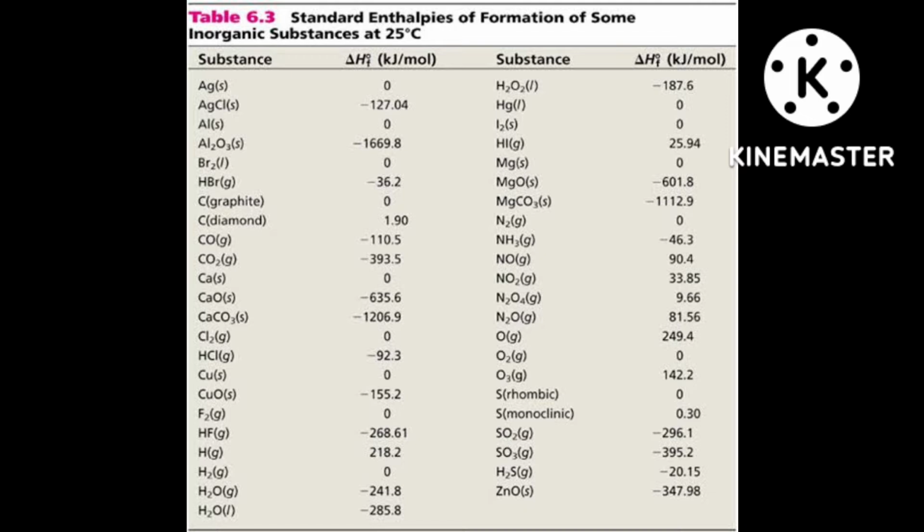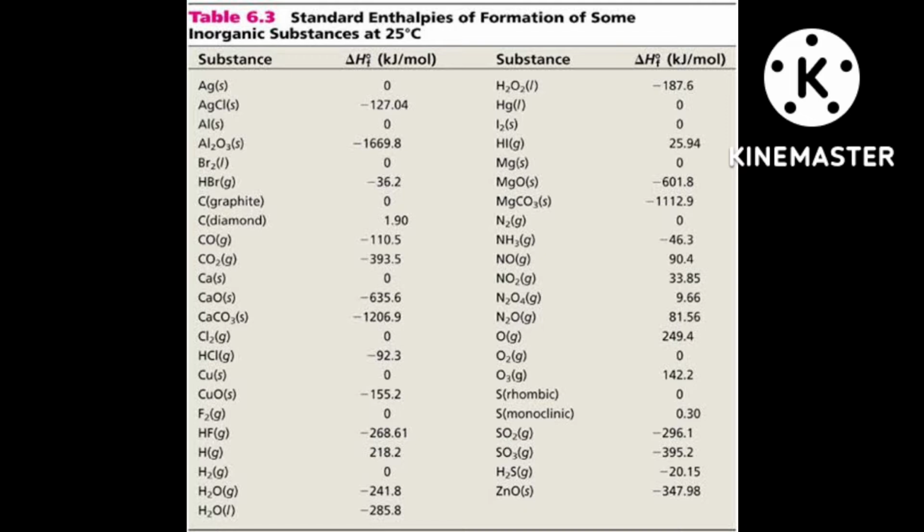If the delta H value is negative, many substances have negative values, and the substance whose negative value is more is stronger, stabler. This is an important thing I have told you.